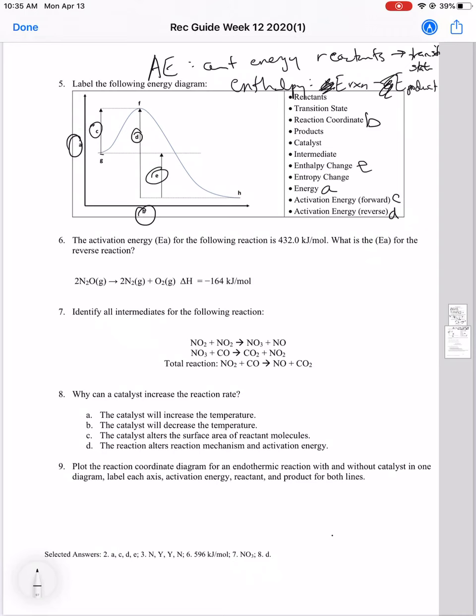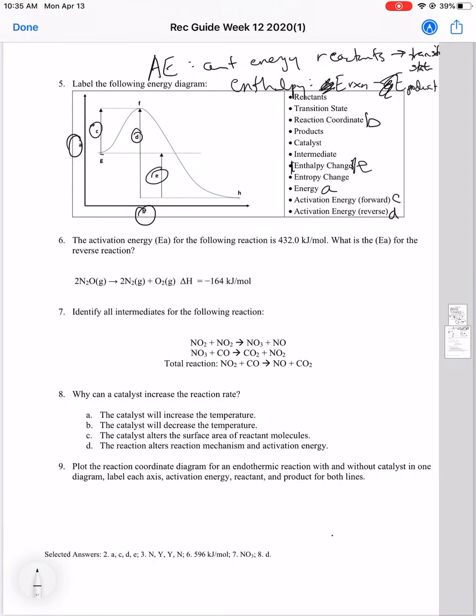And remember, even in the forward or reverse direction, I'm going to put an absolute value. So basically, it's always going to be that same amount, whether it's forward or reverse. If it's forward, it's going to be negative, right? Because the products have less energy than the reactants, so energy is being released.